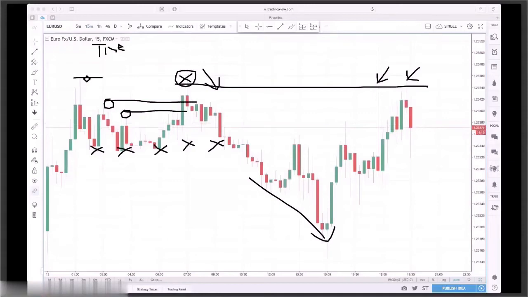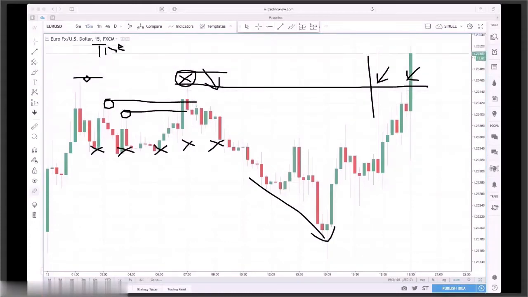Now, the thing to remember is if you do this very strictly, it's memory, right? If you put your stops just above here, you're going to get stopped out with spikes like that. You need to look at it more.